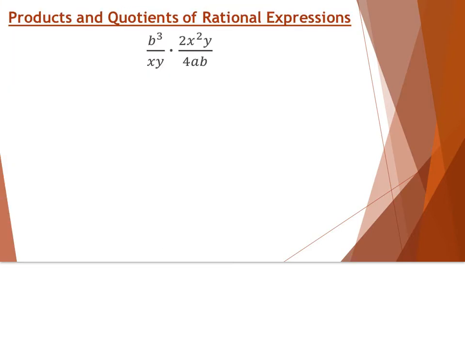Here we go. Here's example number 1. We have b to the third on top. On the bottom is xy times this other fraction, 2x squared y on top, and on the bottom 4ab. So we treat this like we're multiplying fractions. For example, if you had 3 over 6 times 2 over 9, you would cancel diagonally first.